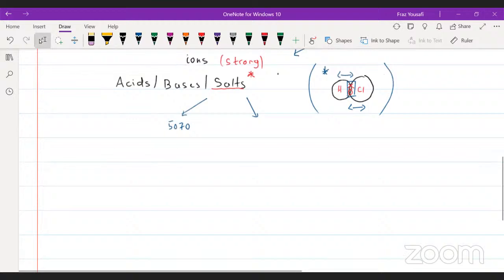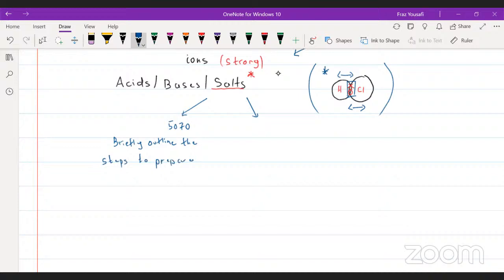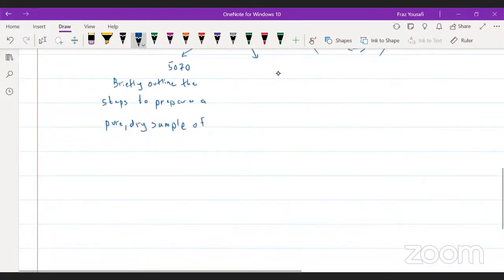In terms of the O level chemistry syllabus, they specifically love these questions where they will say: briefly outline the steps to prepare a pure dry sample of, and that's where the variation comes in, any particular salt.